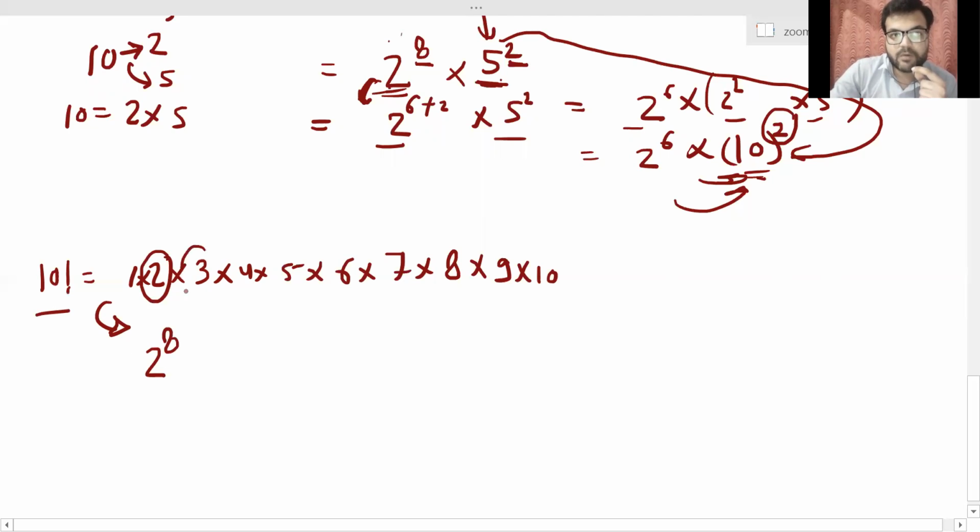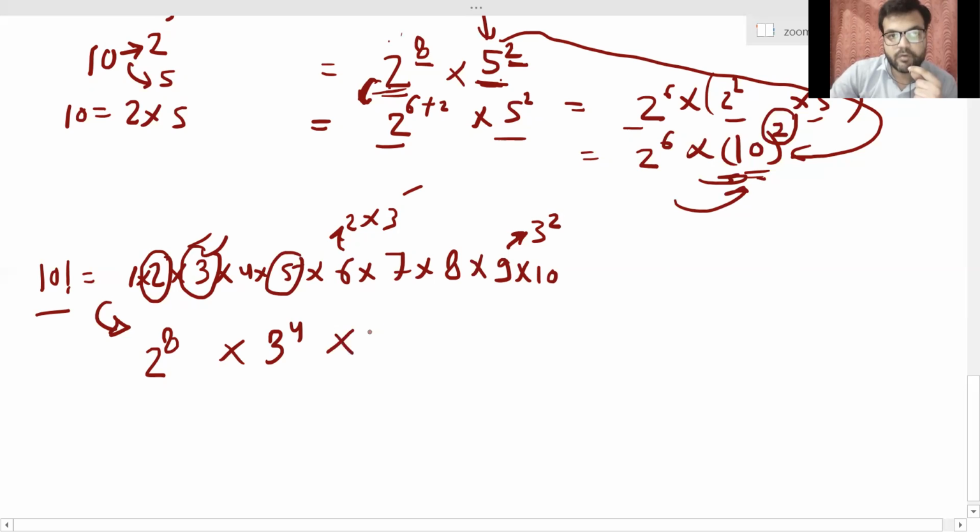Okay, now let's count the number of 3s. So first 3 over here, we have got second 3 over here, which is 2 into 3. We have got two number of 3s more over here, which is 3 square. So 1, 2, 3, 4. We have got 4 number of 3s. Okay, so now let's count how many 5s we have. We had already seen earlier that we have got 2 5s, 5 square, and we have got 7 to the power 1.